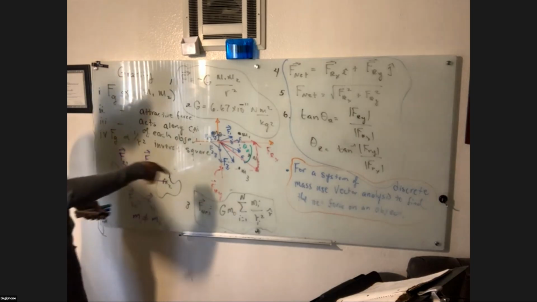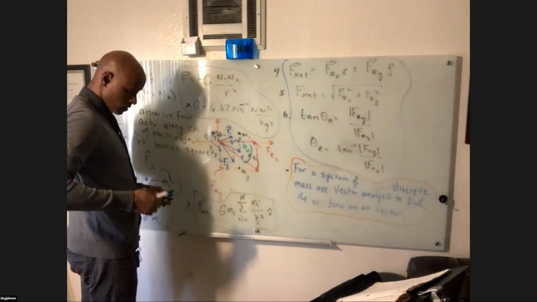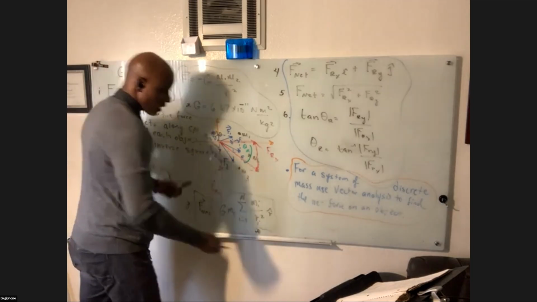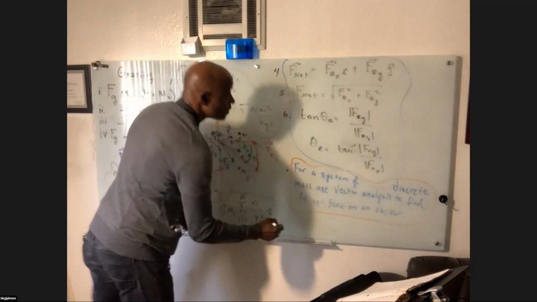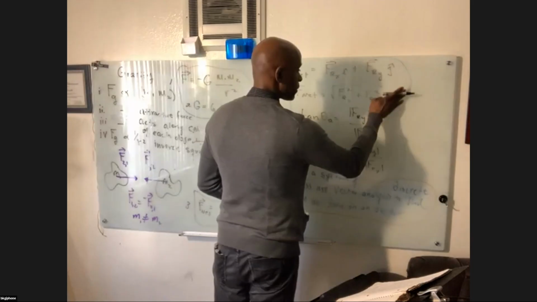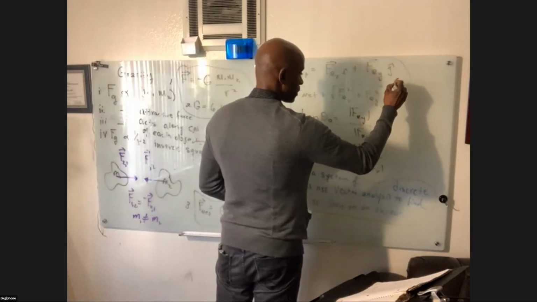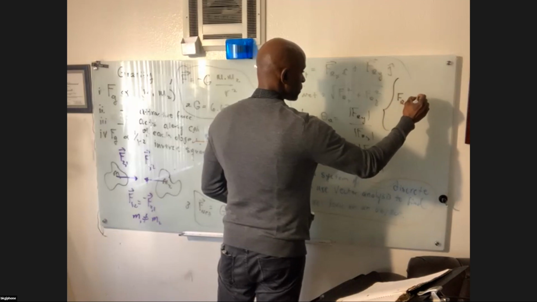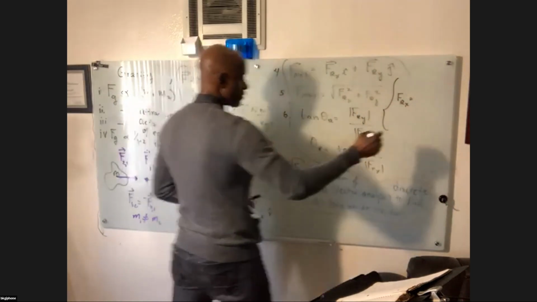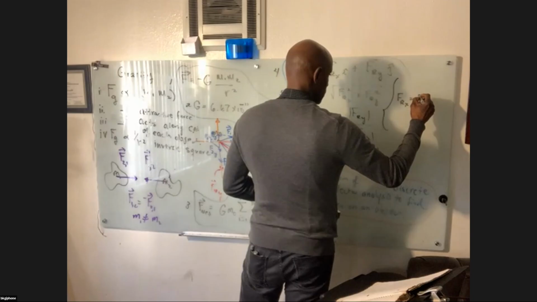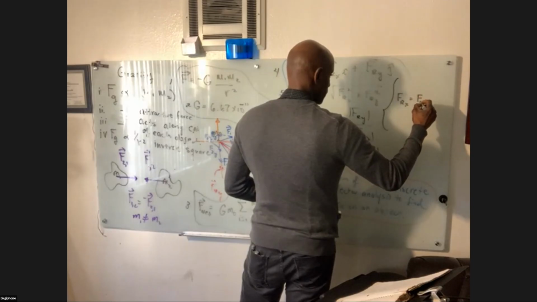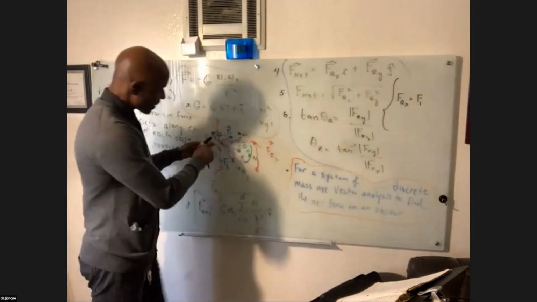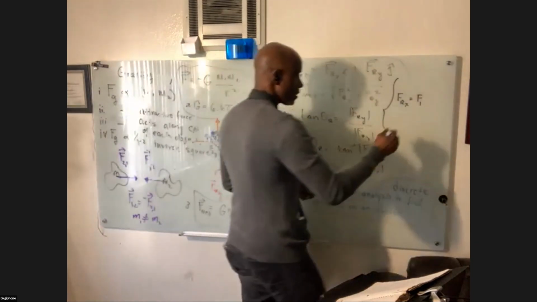And of course, as I was saying, to finish that out, FRx is equal to, in this particular case, F1x plus F2x plus F3x. They all have their respective angles, right?